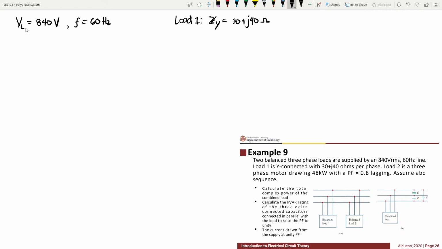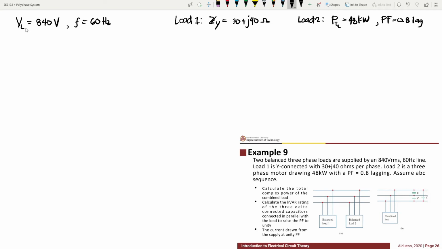Now for load 2, we are given the total three-phase power, 48 kilowatts, and the PF is 0.8 lagging.